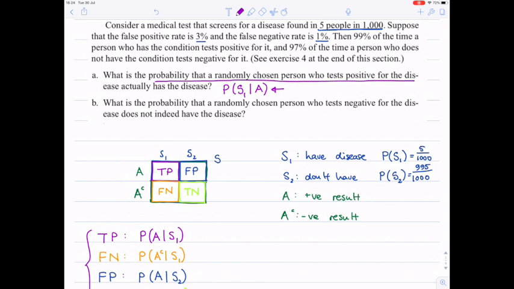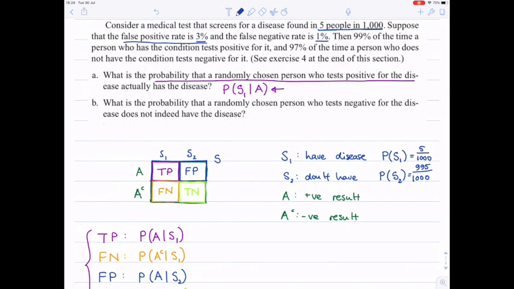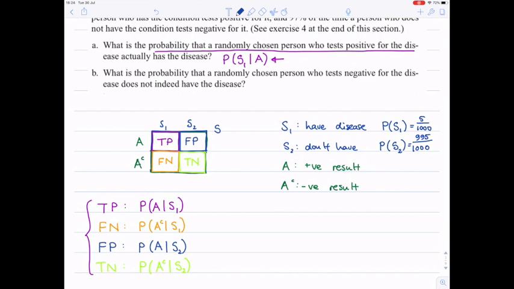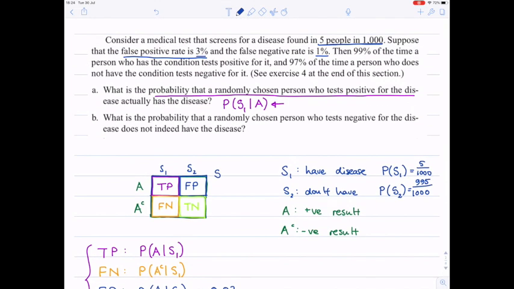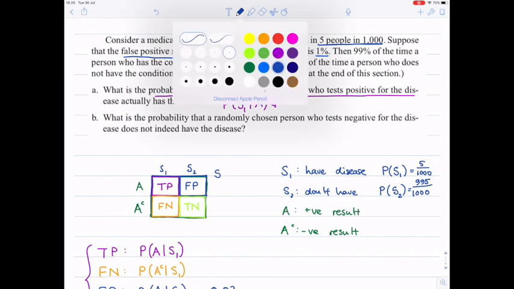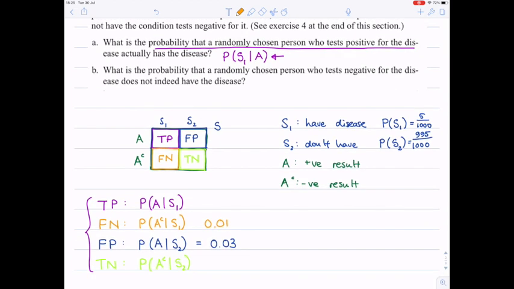So we were told that our false positive rate is 3%. So we know that the probability of getting a false positive is 0.03. And we're also told that our false negative rate is 1%. So our false negative is 0.01. So the thing we'd like to know is, can we work out our true positive and our true negative rates?